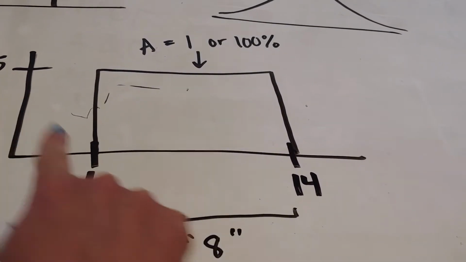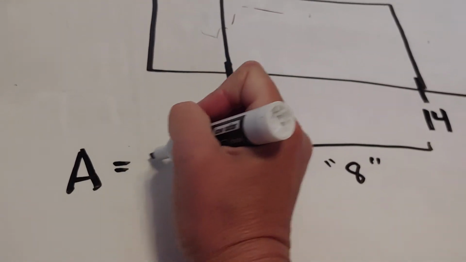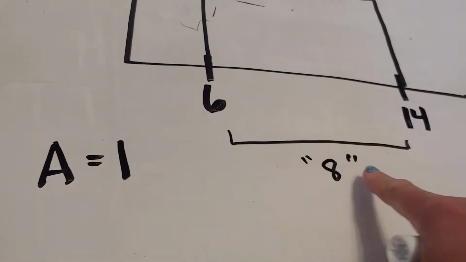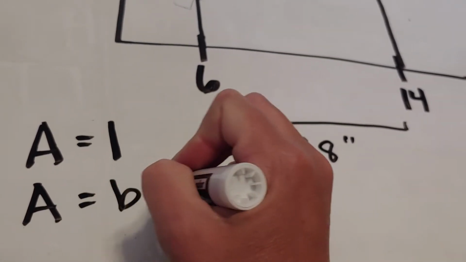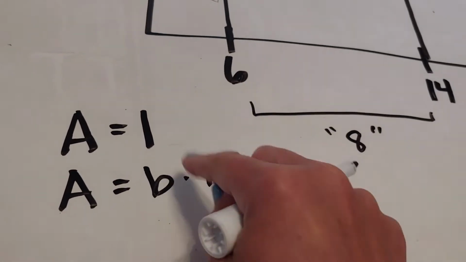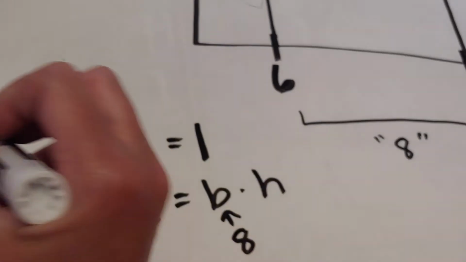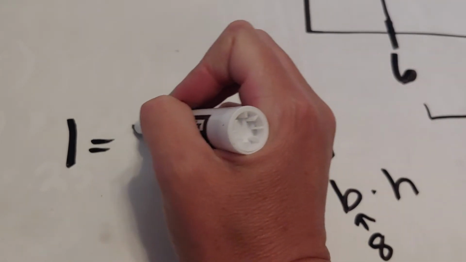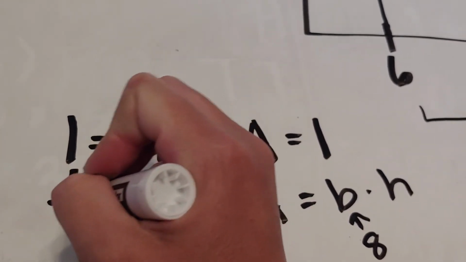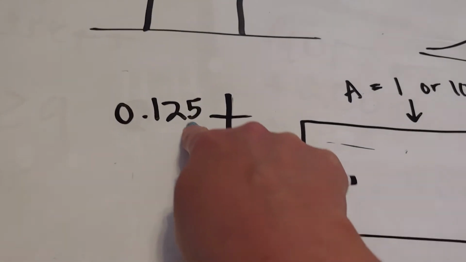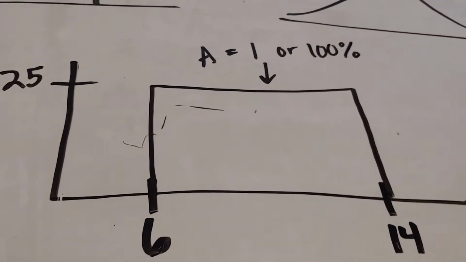So, to figure out the height, what they did is they said, okay, if the area equals 1, and I know that the length is 8, okay? If I set these two equal to each other, then we would get 1 equals 8 times h. H would be 1/8, which is the same thing as 0.125. All right, awesome.